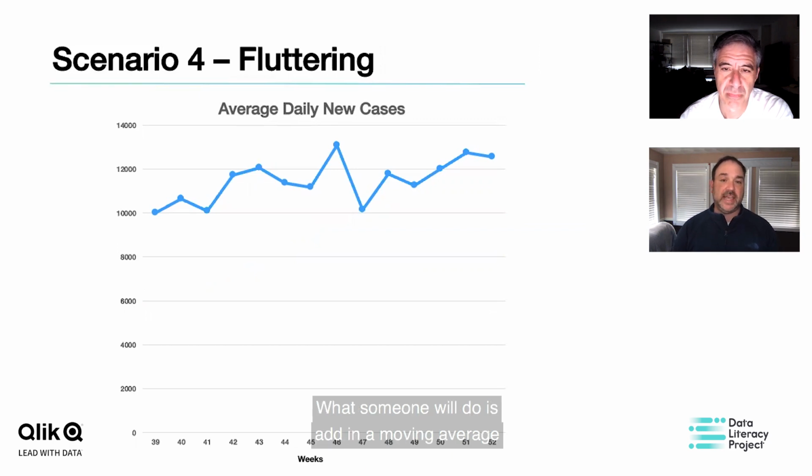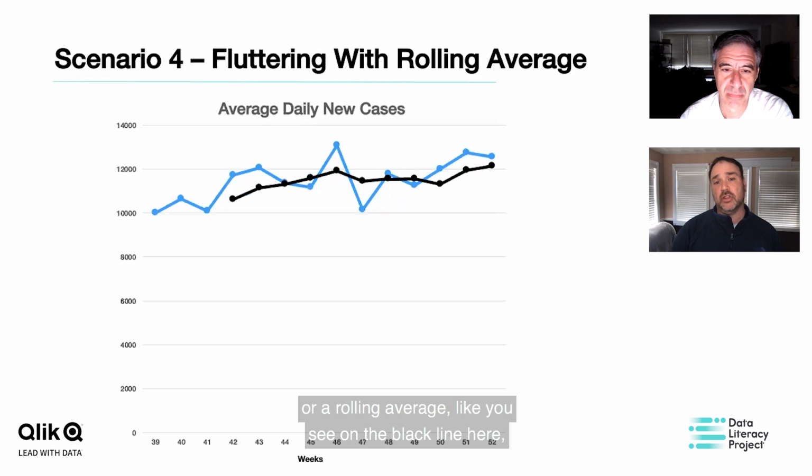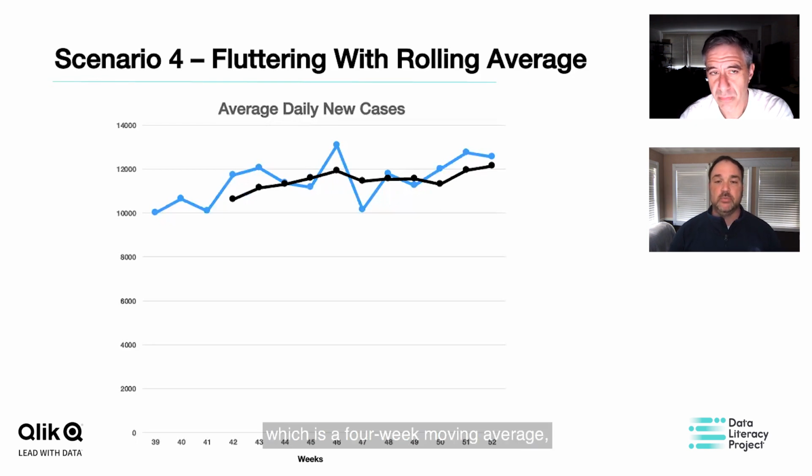What someone will do is add in a moving average or a rolling average, like you see in the black line here, which is a 4-week moving average that kind of takes out those spikes and just shows the general trend or direction of where it is going. You can see in the black line, it is trending upward and it's increasing, but it takes the panic out of seeing those daily and weekly spikes that don't mean anything to us.